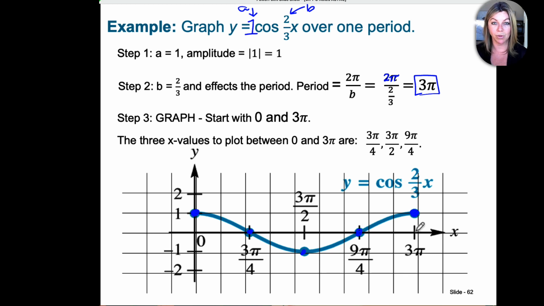And when we get to the end of our period, it's just one period in this example, by the way, pointing that out. If it had said graph cosine of 2 over 3 pi, that graph continues in both directions, but it's nice for learning purposes just to look at one period so we can see the start, the finish of one cycle, and the 3 points in between.